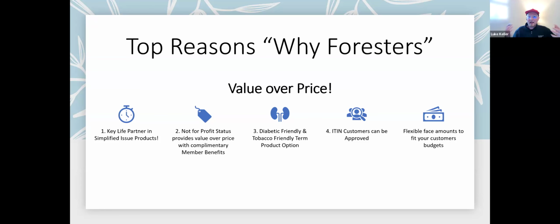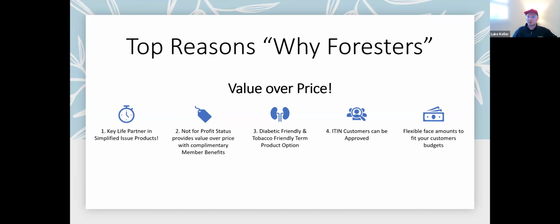There are certainly many people in the country who either don't have insurance or who are underinsured. And we just want to make sure that you guys can cast as wide a net as possible. So if you're living or working in communities where there are people who aren't citizens, Foresters definitely has options for them. So just always keep that in mind if you're looking for those solutions.